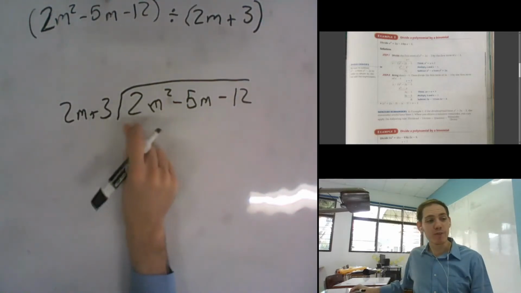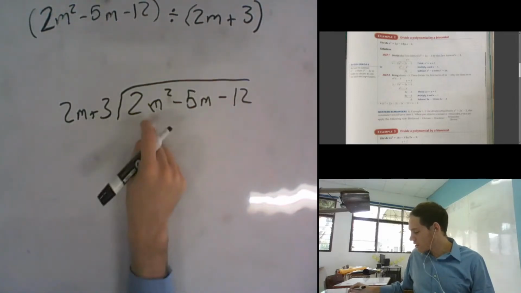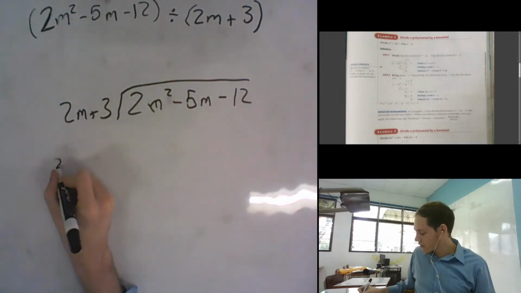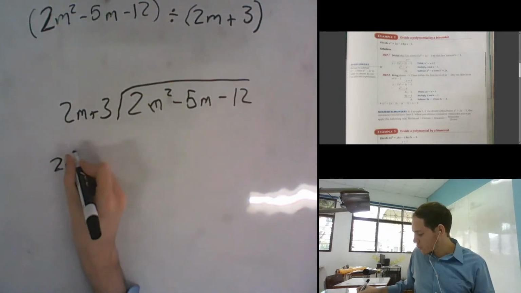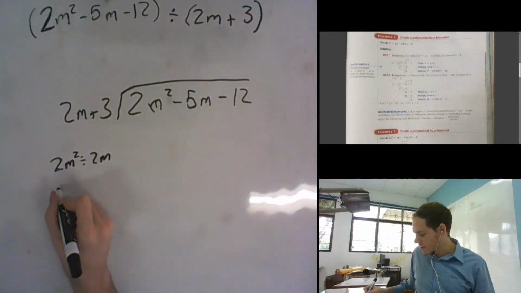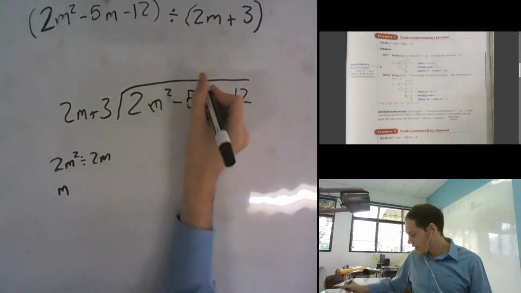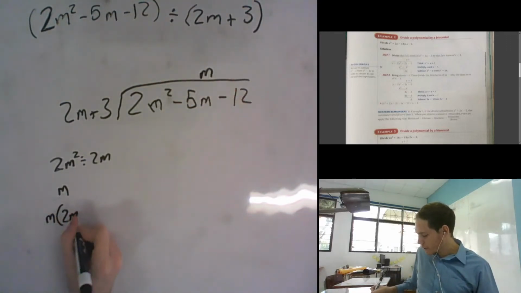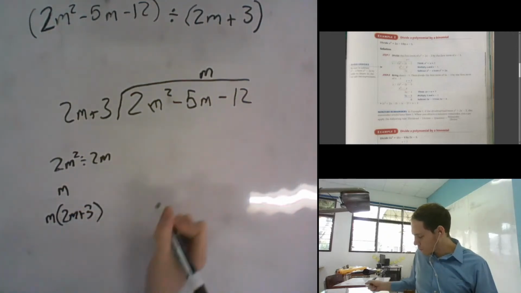So we think first term divided by first term. 2m squared divided by 2m. What is that? That is m. Lovely. We multiply m times 2m plus 3. What do we get?